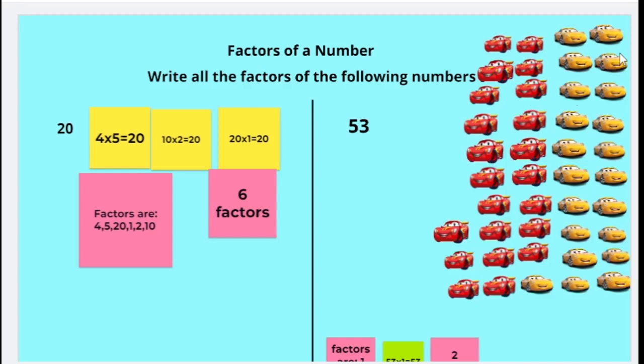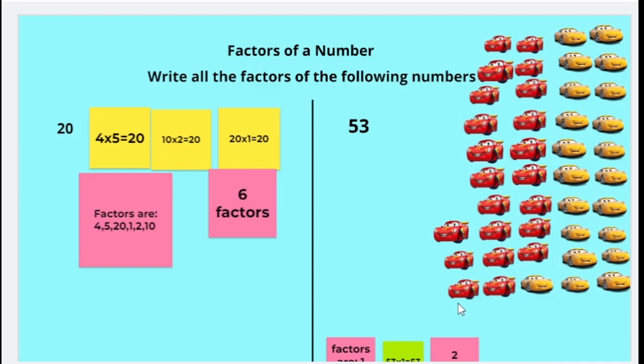So as we go up, we realize that they're in groups of 2. But guess what? Look at these over here. We can put this red car and this red car together, groups of 2. So we know that when we divide 53 by 2, it leaves a remainder. So right away, 2 is not a factor of 53. Wow. What other number can we try?